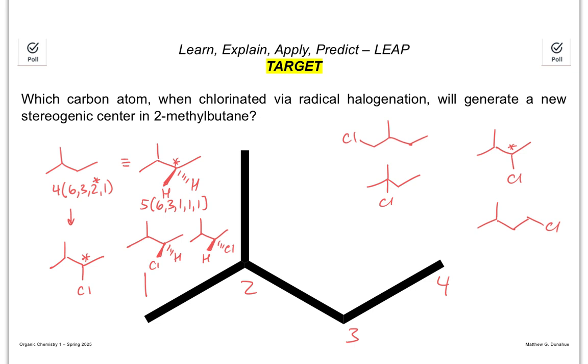I'm not sure how much your book talks about this. It does get a little more advanced, but basically we say, in terms of that type of analysis, those hydrogen atoms are called prochiral, because you've done the substitution and it's generated a stereocenter. So if we take that uniqueness analysis one step further, we do that substitution test, we generate an R versus an S enantiomer. So the original hydrogens are prochiral.